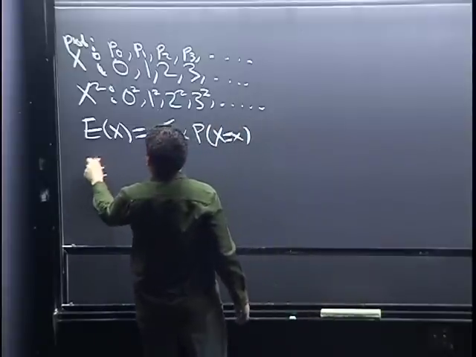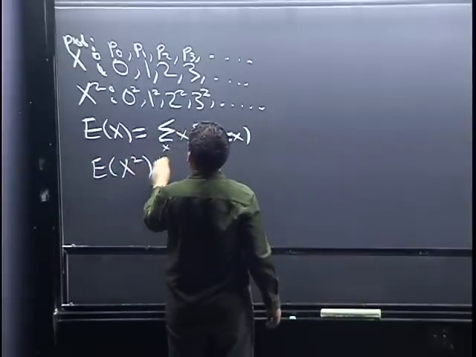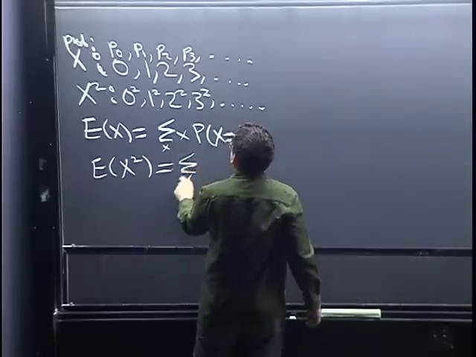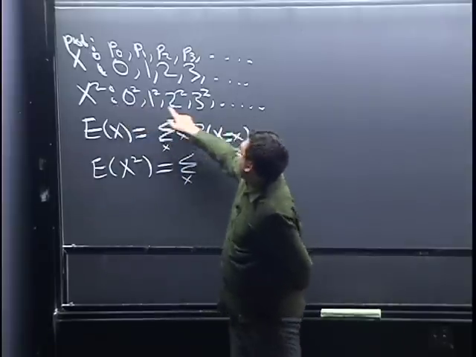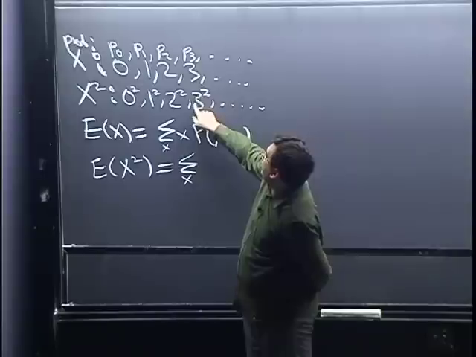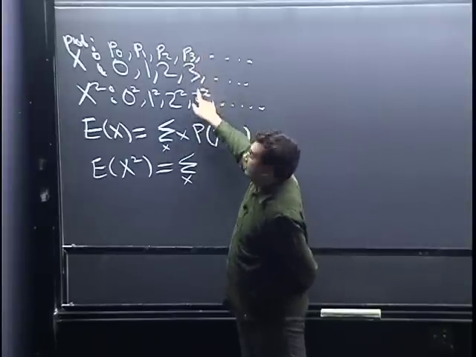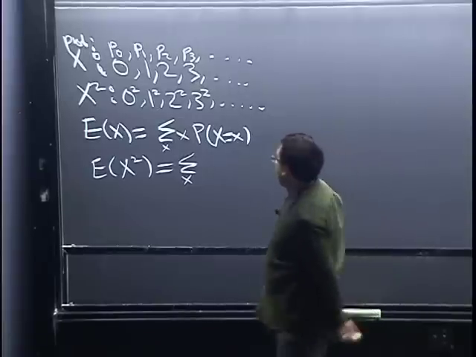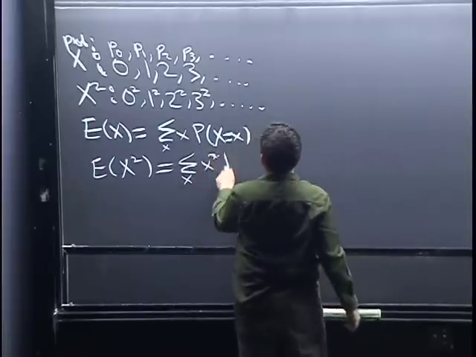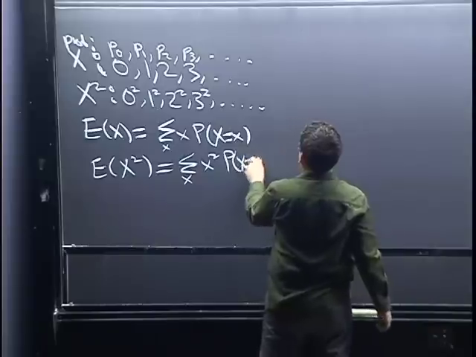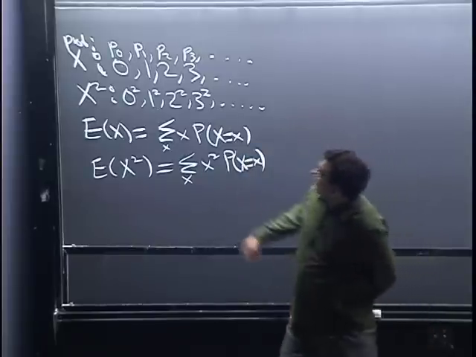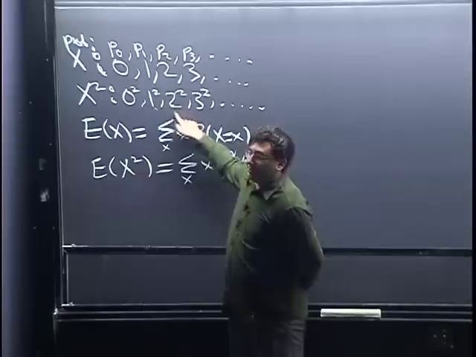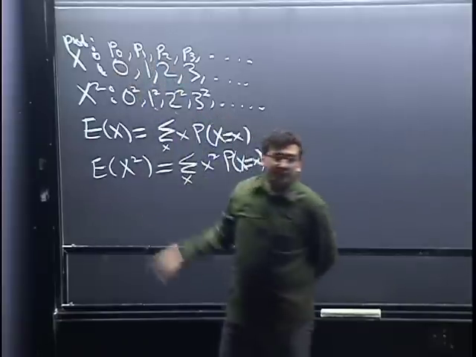Now, here we want E of x squared, but notice that the probability that x squared equals, say, 3 squared is just the probability p3 of being in this column here, right? So the probabilities didn't change, and we could just still use x squared times the probability that x equals x, because x squared takes on these possible values with these same probabilities.